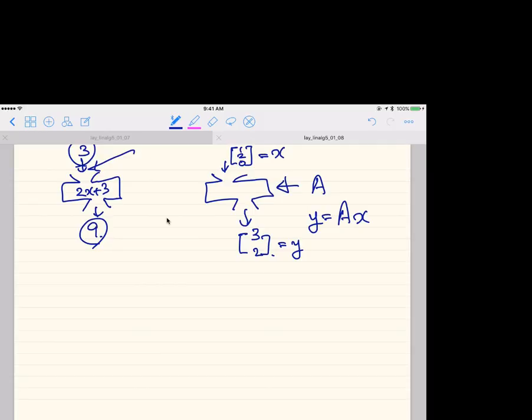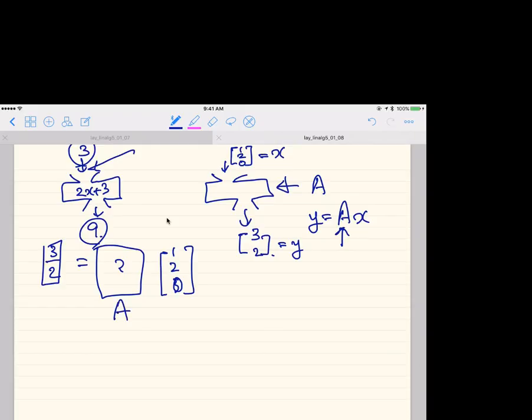Okay, so in this case, what is the size of an A? So what is the size of an A? The matrix A, 1, 2, 3, 1, 2, 0, some matrix, and then that will give 3, 2 as an output. What should be the size of the matrix A? So let me make it as a multiple choice.